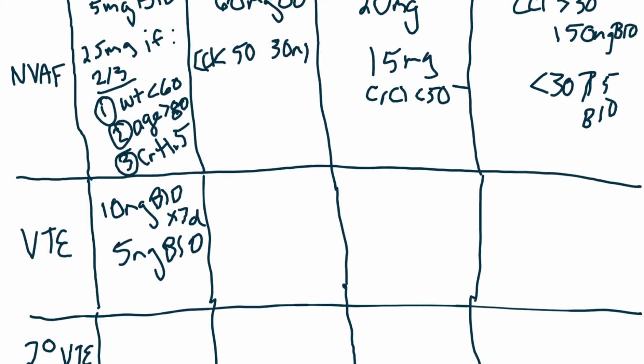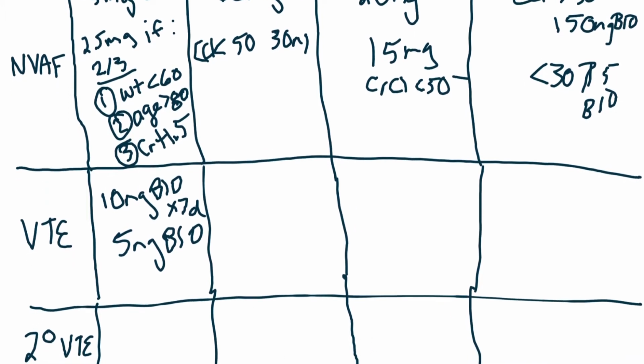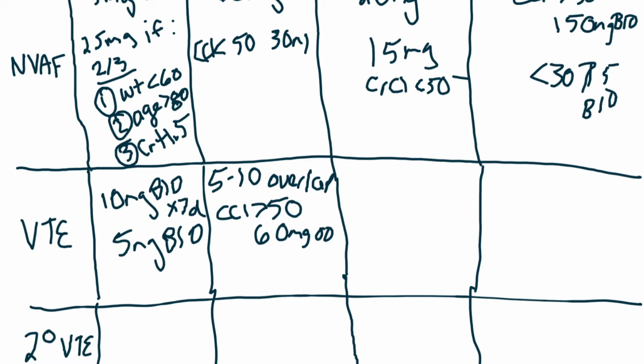For edoxaban, there is need for parenteral anticoagulation, and the first 5 to 10 days of therapy should be overlapped with some sort of parenteral anticoagulation and bridging. For creatinine clearance of greater than 50, we use the dose 60 milligrams once daily. Otherwise, you can use a dose of 30 milligrams once daily, similar to the AFib dose.